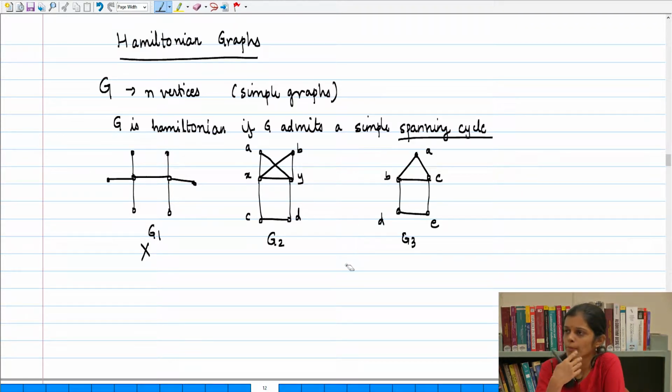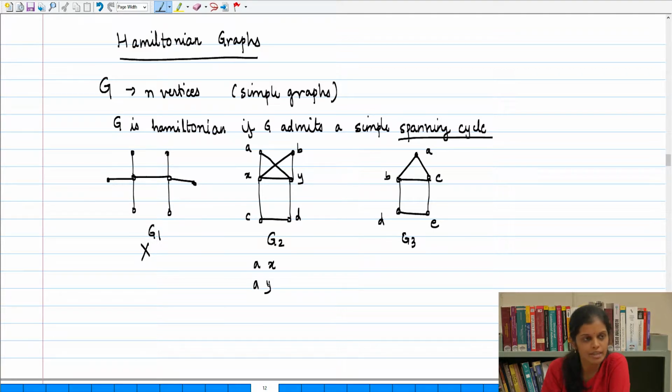What are all the possible ways of having a Hamiltonian cycle? Does it matter where you start? It doesn't matter, it's a cycle, so you start anywhere. Suppose I decide that my cycle starts at A, it will also end at A. Then what are the possible things I can do? I can try to go to X, or I can try to go to Y. These are the only choices that I have.